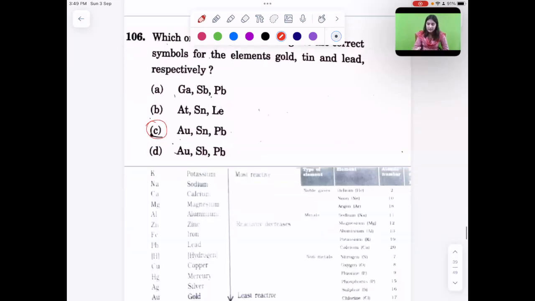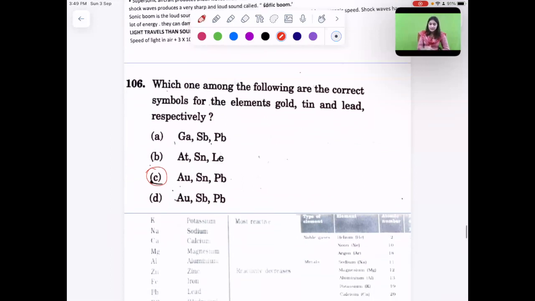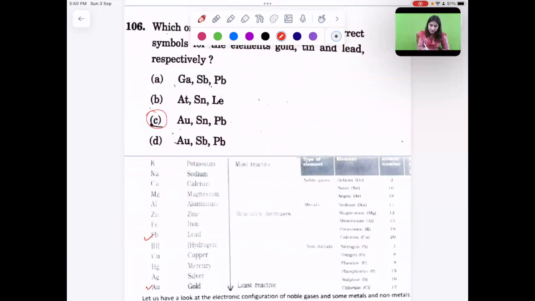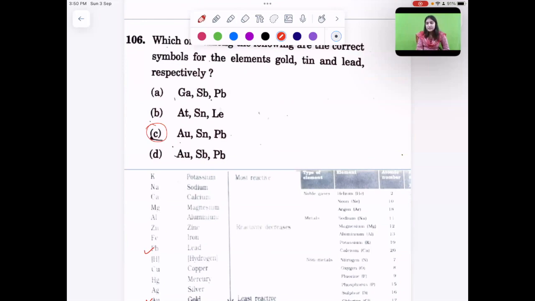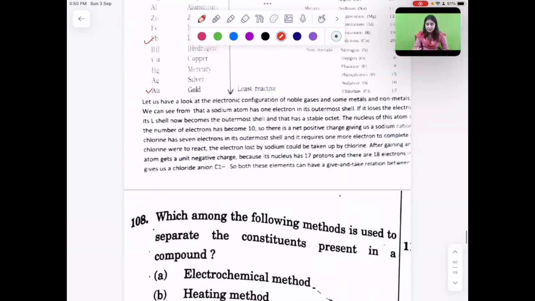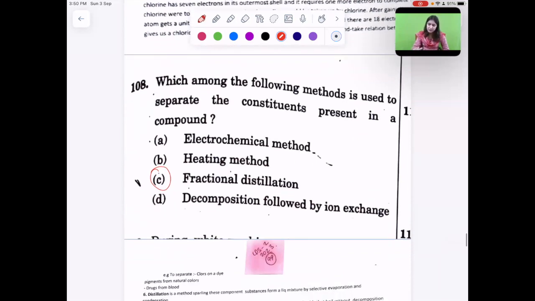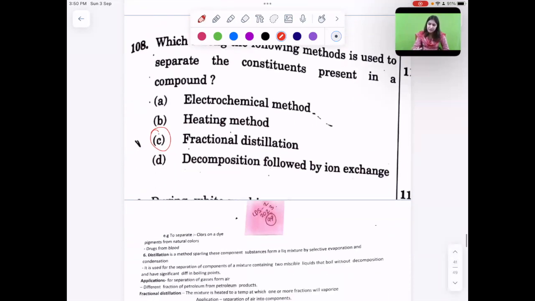Next, symbols for gold, tin, and lead. Gold is AU, lead is PB, tin is SN. Option C. Next, which one of the following methods is used to separate the constituents? See, only one method is given.